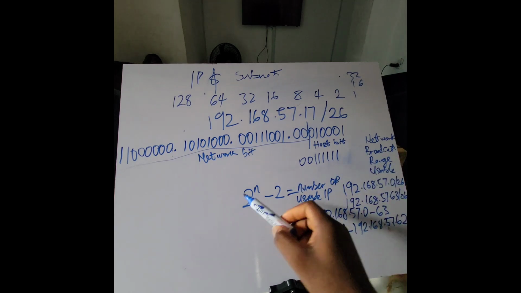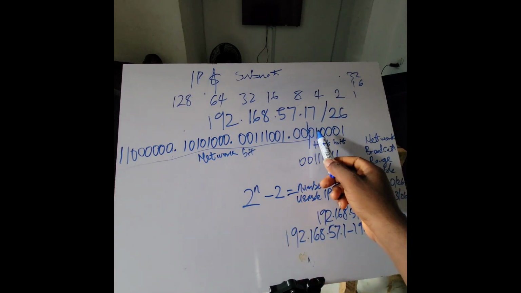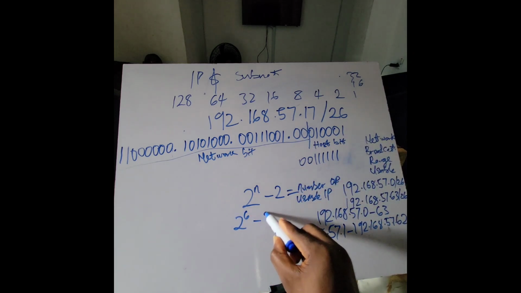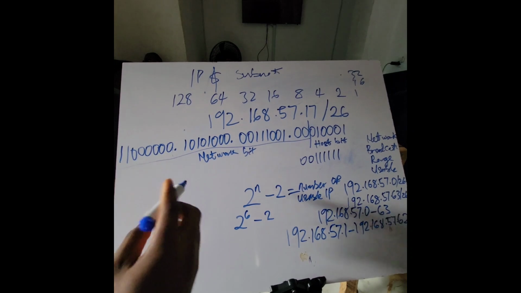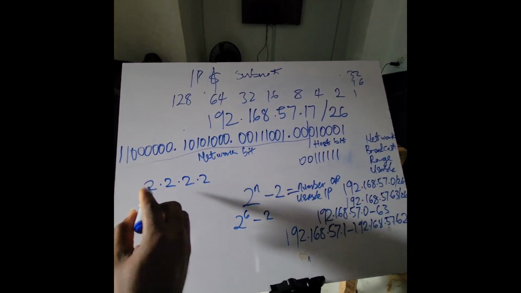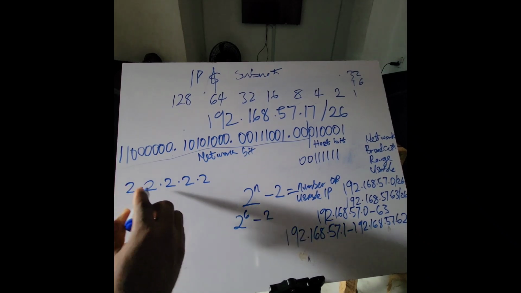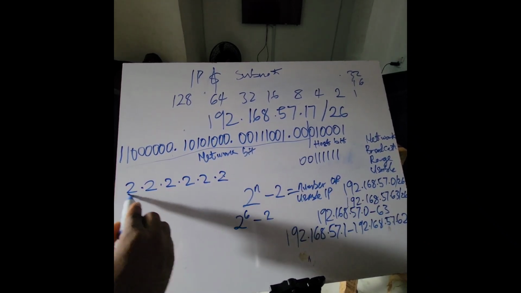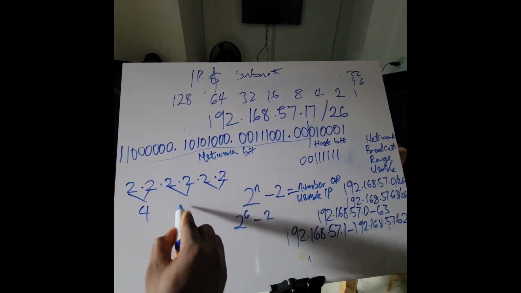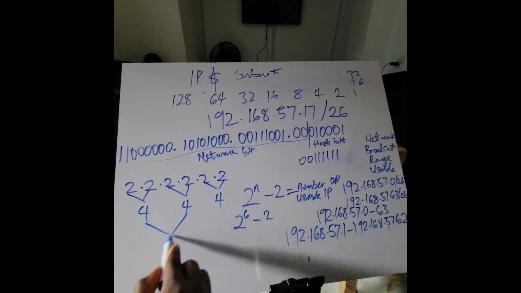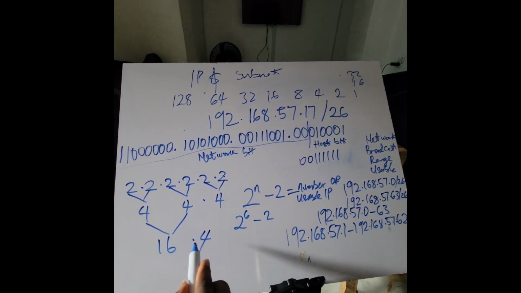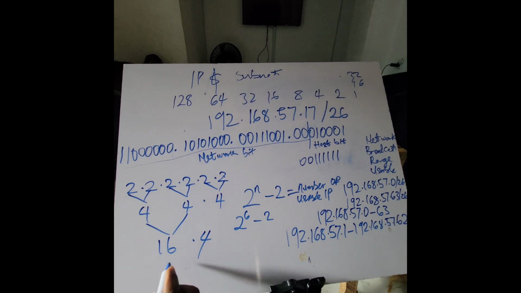So let's say the number of host bits is 1 2 3 4 5 6. So we say 2 raised to the power of 6 minus 2. 2 times 2 is 4, 4 times 4 is 16, and 4 times 16 is going to give us 64.